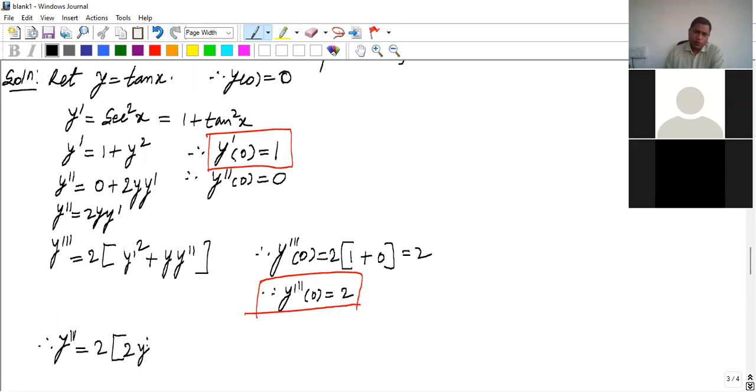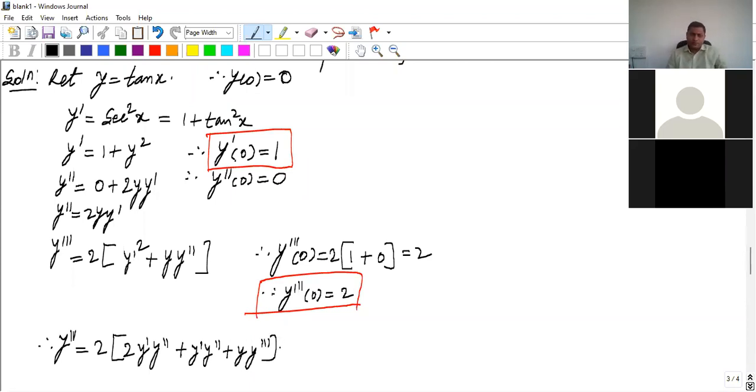Is that 2y dash y double dash? Yes. The derivative of this term, when this 2 comes down, then y dash and y double dash. Plus, see this term, u into v rule: y dash y double dash plus y y triple dash.